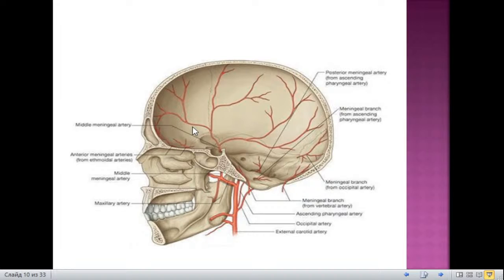So next, a third artery which supplies the meninges of the brain, chiefly the dura mater. The third artery is the posterior meningeal artery, shown here. It's a small artery, really small in reality.